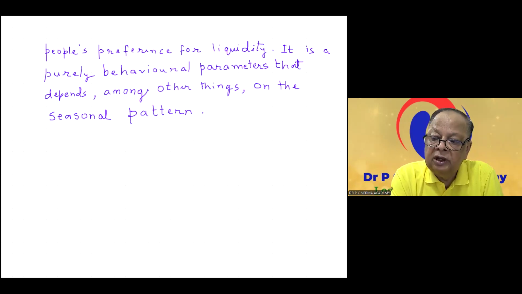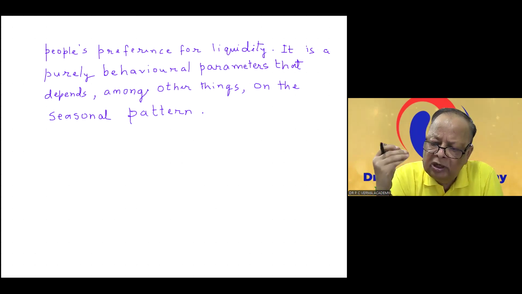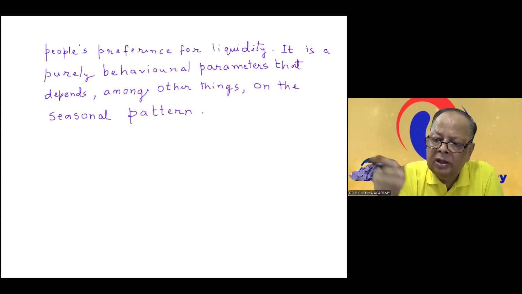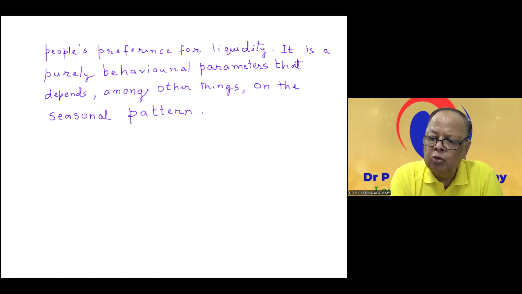And third is a speculative motive. You know, every day on television, on Facebook, there are so many persons, they say, why you are not crorepati? Come to my class, 4 hours class. I will tell you how to become crorepati. Like this, at least I have seen 4 or 5, 6 persons repeatedly coming on Facebook. And they say then about buying and selling of shares in the market.